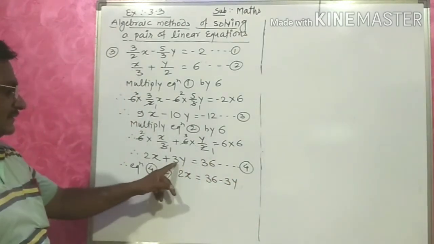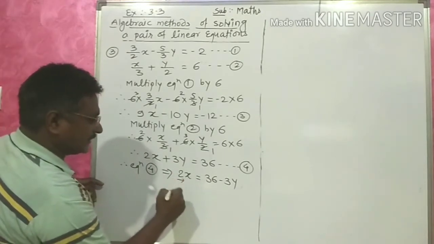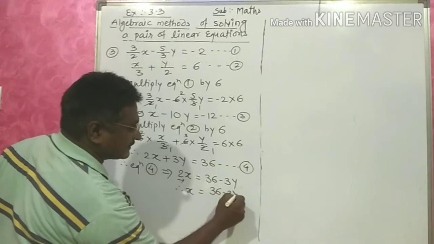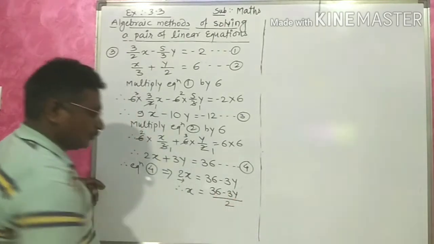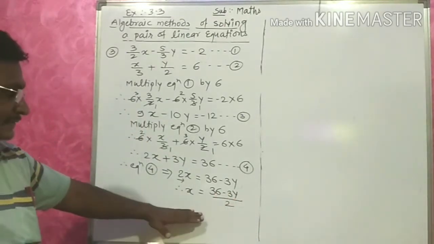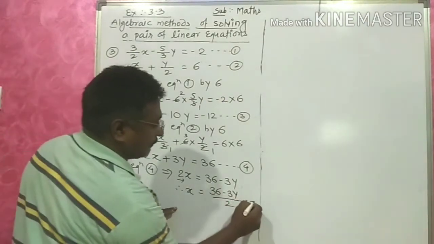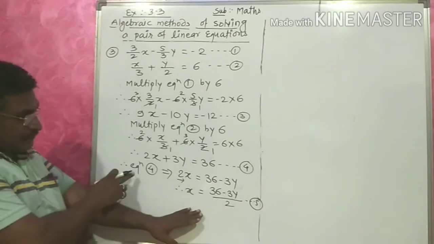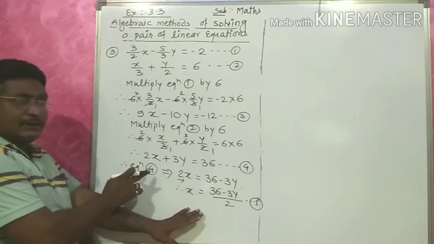36 minus 3y. Now transfer this. What will we get? x equals to 36 minus 3y by 2. This is the value of x. Now this is equation number 5. This value of x, which equation did we transform? Equation 4.